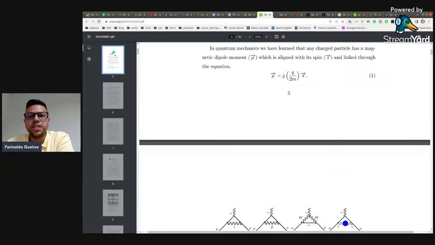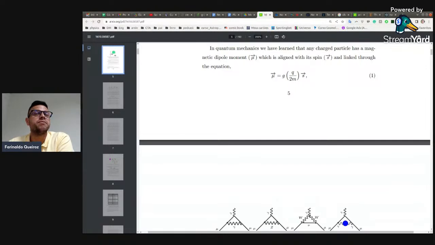If this g is different from 2, I say we have an anomalous dipole moment. If it's equal to 2, there's no anomaly, so it's just a magnetic dipole moment. If it's different from 2, I say it's an anomalous magnetic moment. So the way they quantify this g factor is by defining a factor a, which is (g minus 2)/2.